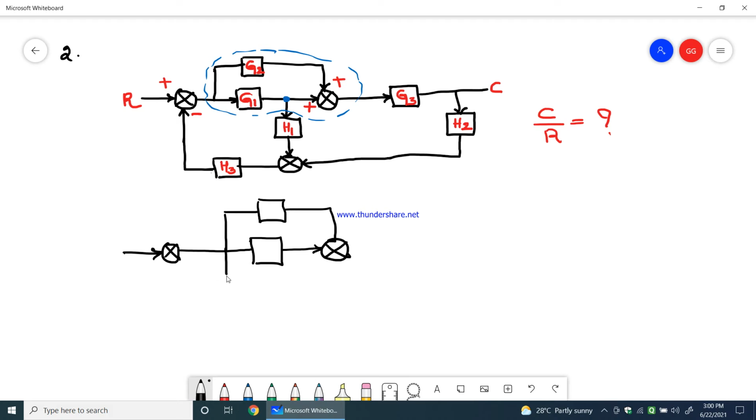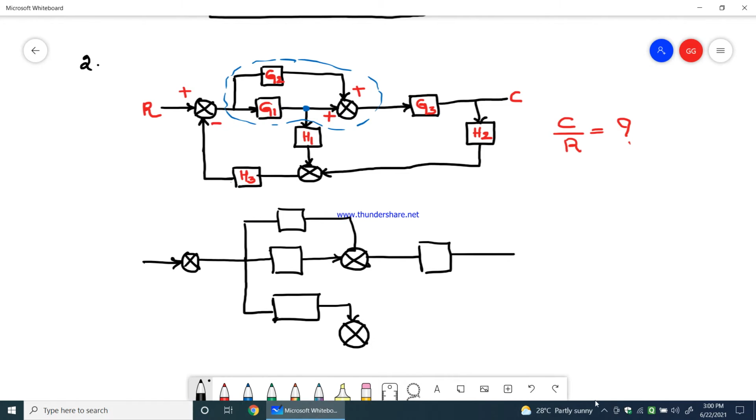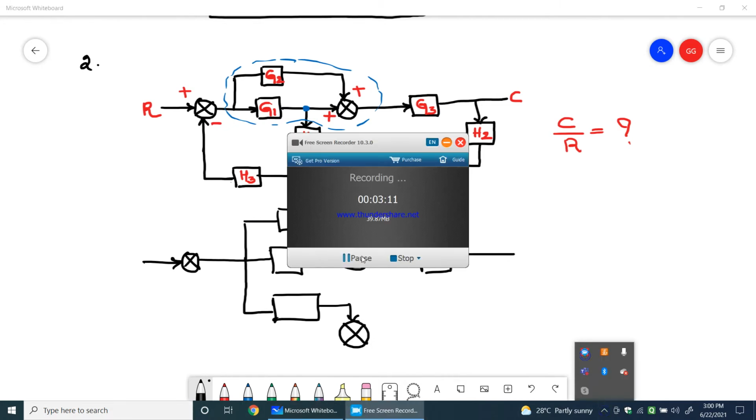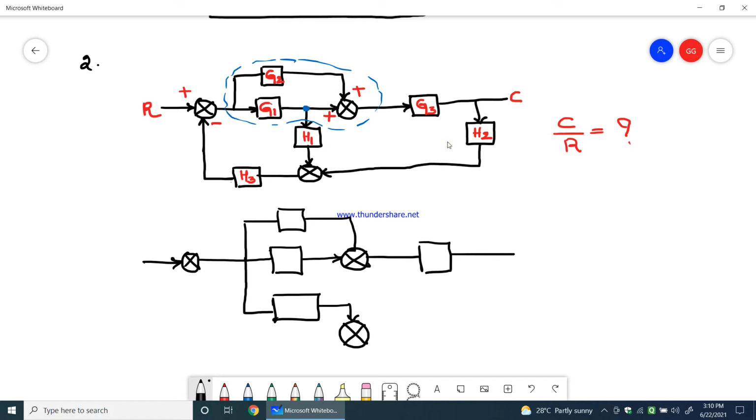now this is the point where I removed, means where I pushed the takeaway point from here to here. So therefore it comes like this. Now we'll have G3, so G3 is connected here.